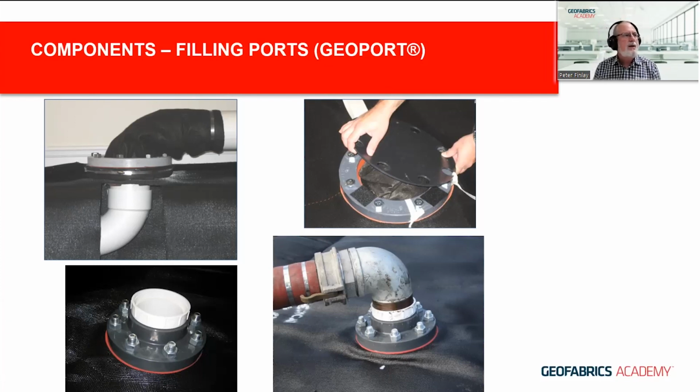So the Geotube has a 200 mil GEOPORT for larger Geotube, and a screw-in type of port for the smaller Geotube, for a 4-inch or 100 millimeter. And again, this takes away some of the stresses around that fabric port, and means that potentially you can pump higher than other types of geocontainers.